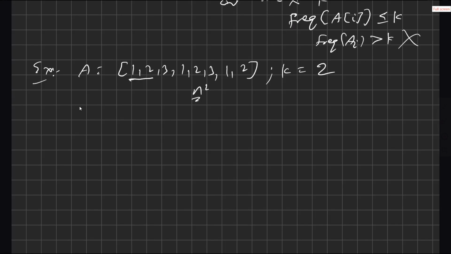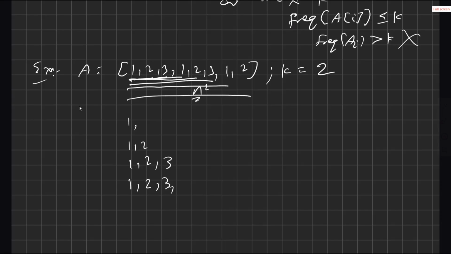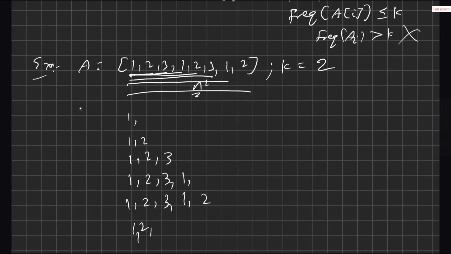Then 1 2, then 1 2 3, then 1 2 3 1, and so on. These are the index ranges I'm saying. Starting from 1, you will take every element, and each is one of the subarrays.